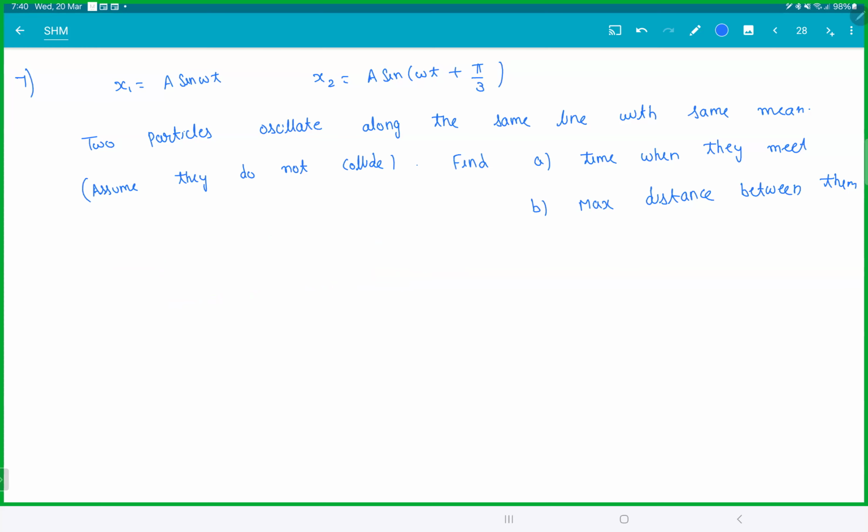How do we do this? So time in terms of omega. Yeah, you can give in terms of omega. Okay.